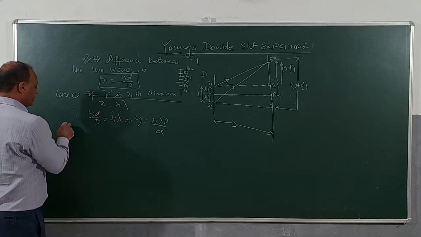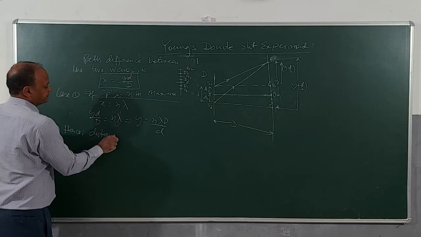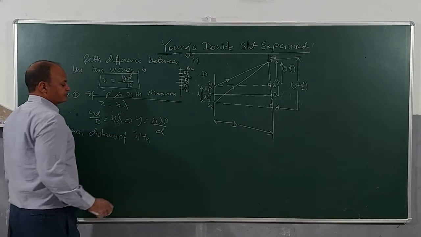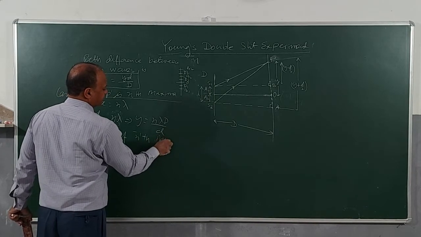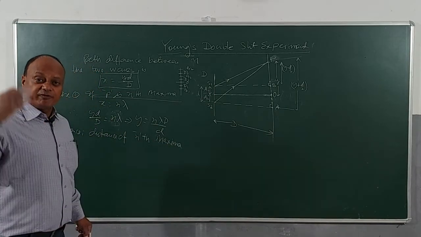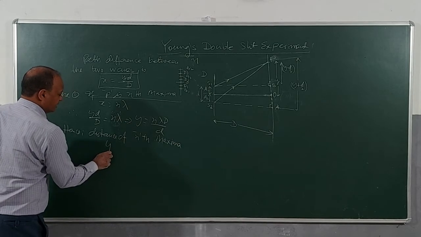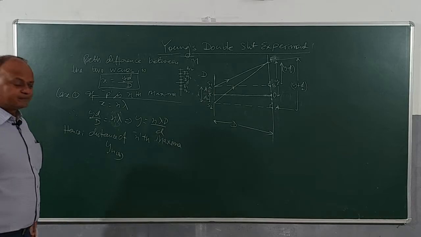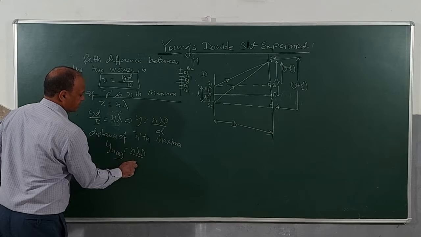Hence, the distance of nth bright fringe or nth maxima, you write. Distance of nth maxima, but from where? It is from the central maximum. Let yn for bright be equal to n lambda D by d.